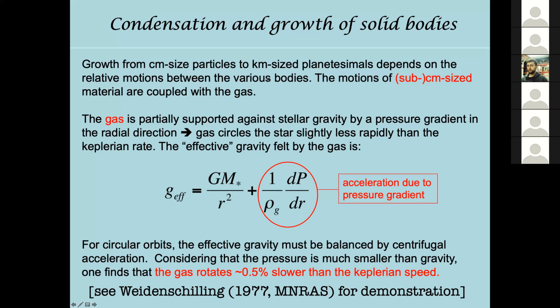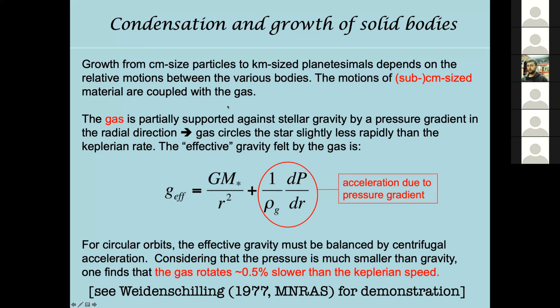I will tell you why you have to go to kilometer size. And this depends on the relative motion between the various particles, because if they all move at the same velocity, they will never basically encounter each other. We just said that the motions of these centimeter size or smaller particles are coupled with the gas.